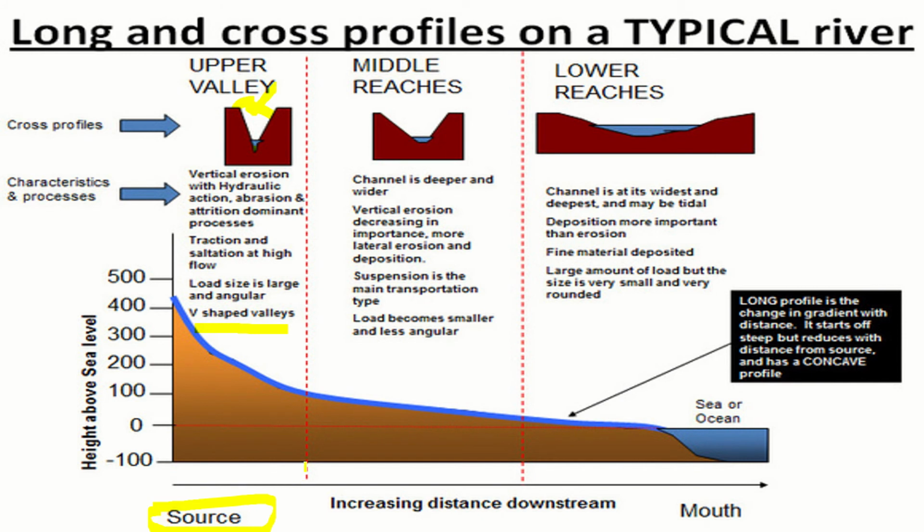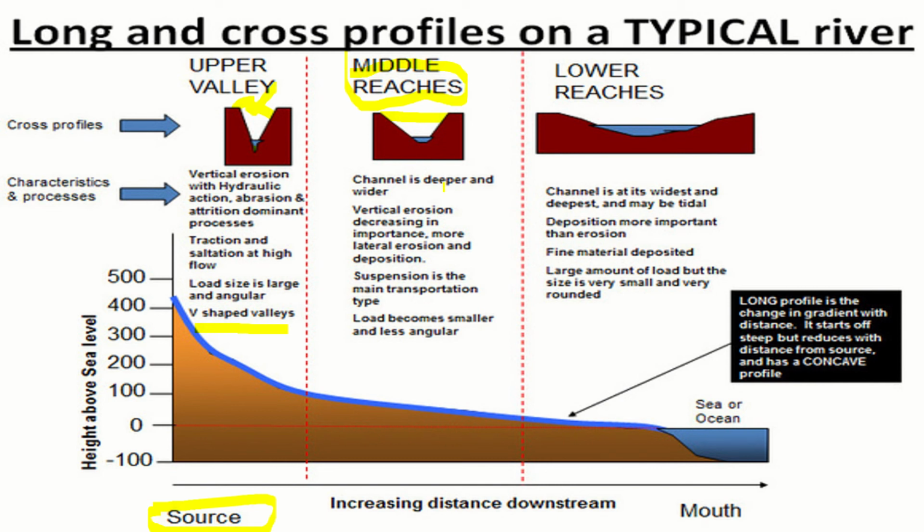Then we come to the middle reaches, the mid course. What do we see here? It is not that pointed over here. It's a bit deeper and wider. Look at this, the channel is deeper and wider.